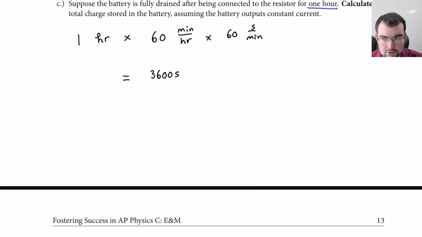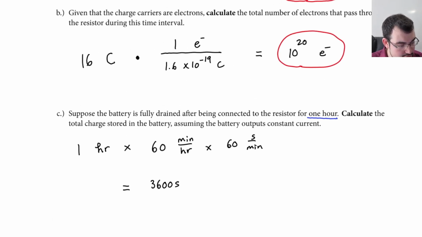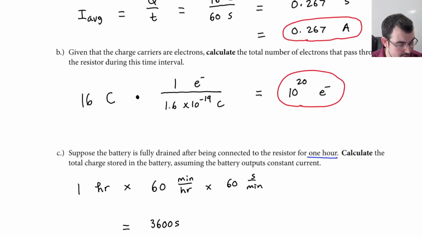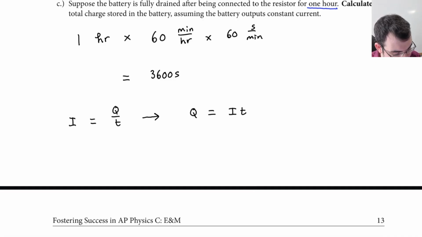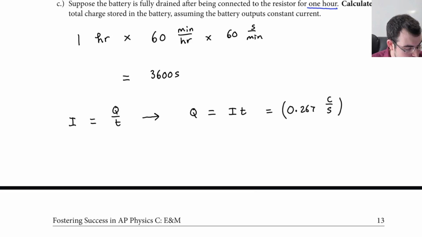So we're going to calculate the total charge stored by the battery. So there's another way to do this with ratios, but we found the current. So given the fact that we know that I is charge per time, this means that charge would be current times time. So 0.267 coulombs of charge pass through the area every second, and we do that 3,600 times.